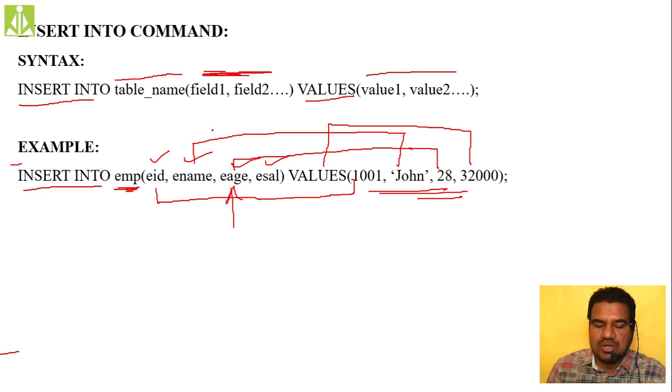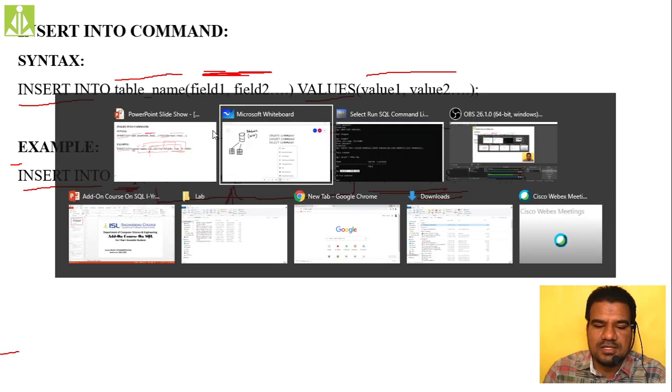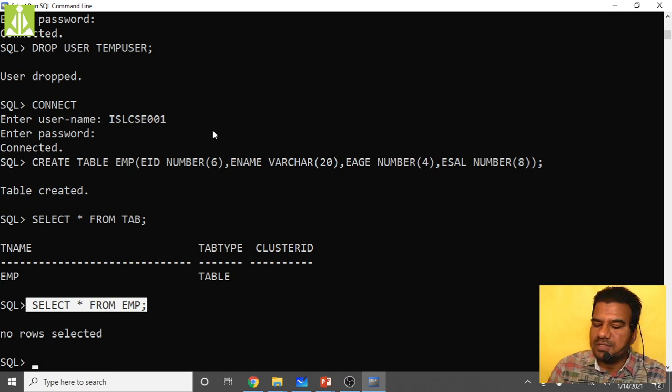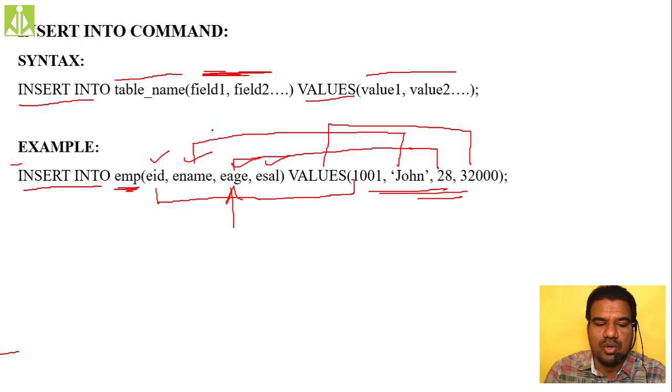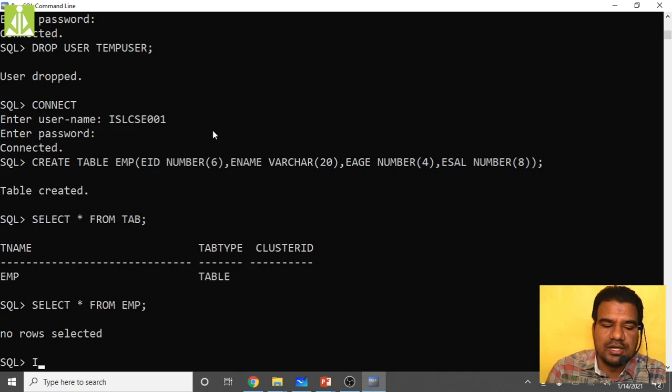Hopefully you understood. So quickly we'll practice this command on SQL. In order to insert this record into the table, follow the insert into. Insert into, give the table name, that is employee, followed by the field names, EID, comma, ename, comma, EAGE, comma, eSalary.